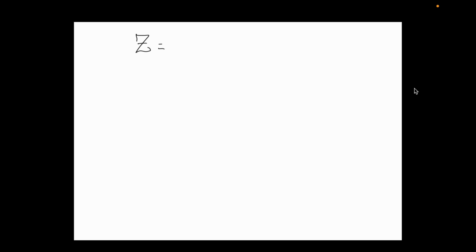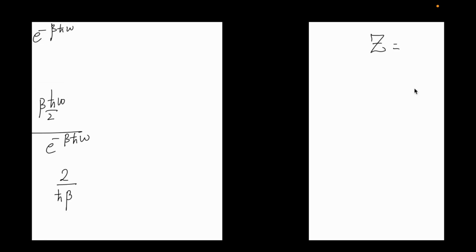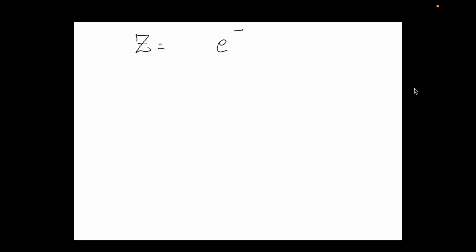So you put this in and you get, which you can write as 2 by h beta, because beta is 1 by kBT. So let's do that. Beta by 2, h bar, 2 by h beta.